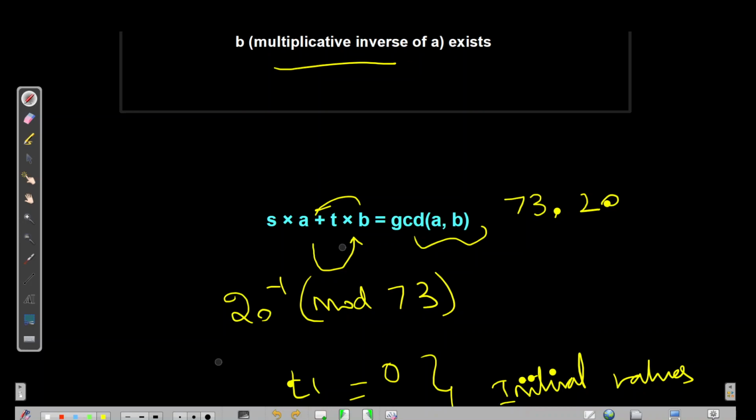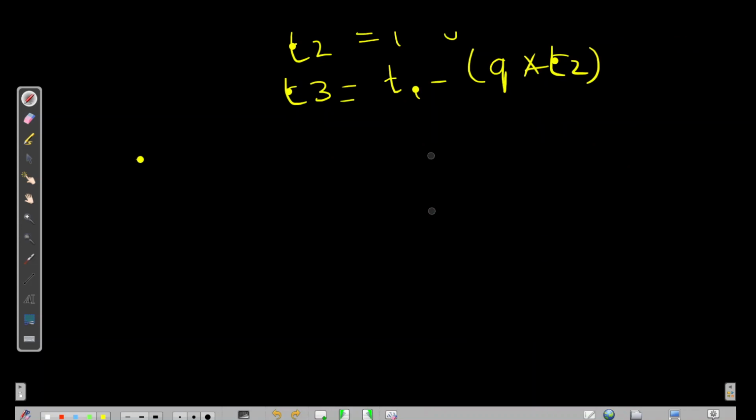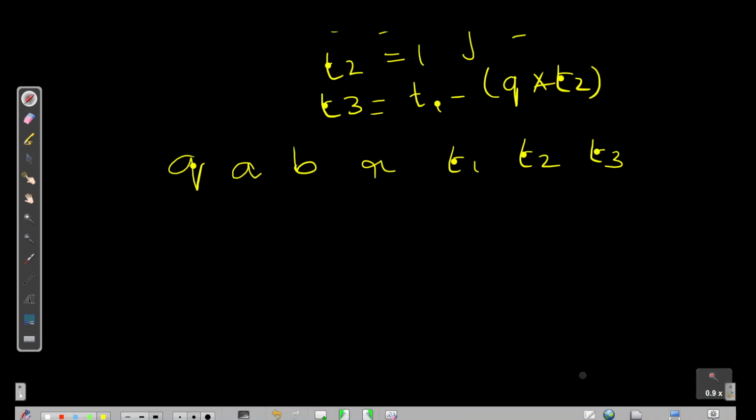Here we have taken A times B equal to GCD of A, B, right? So let's take the same thing: A and B, and let us take Q and R. In addition to that, the new values T1, T2, T3. So this is what I'm going to add.